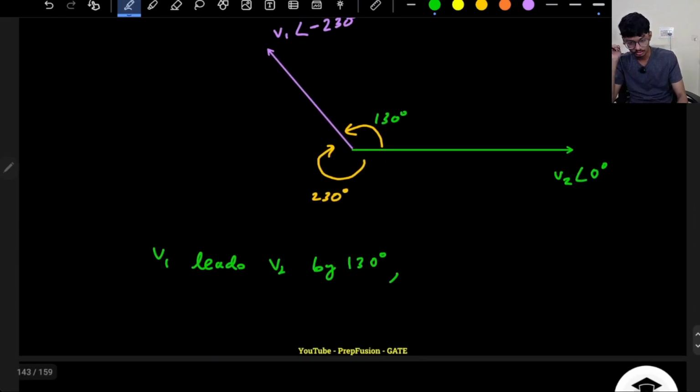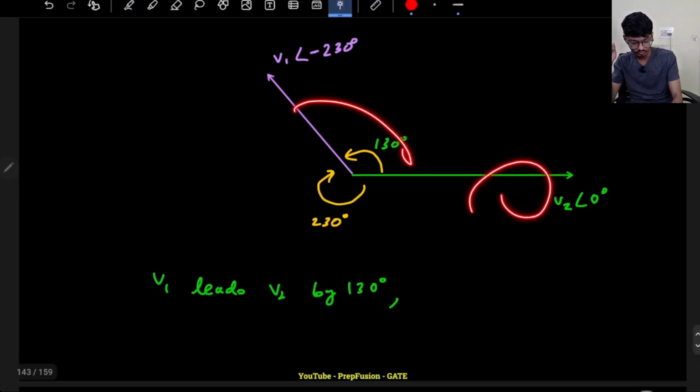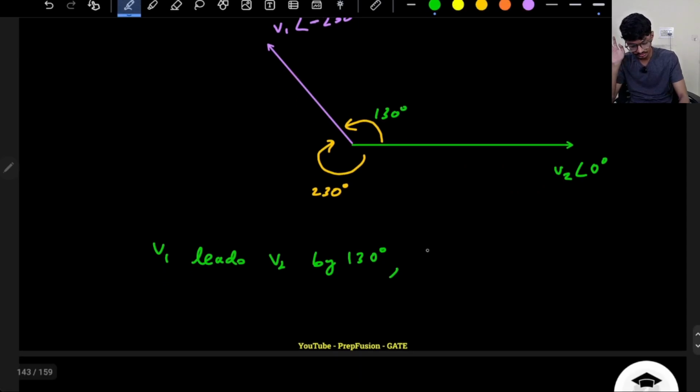The other correct options can also be that if I flip this, I can say that V2 lags V1 by 130 degrees. From V1, if I move in the clockwise direction by 130 degrees, I will reach V2.